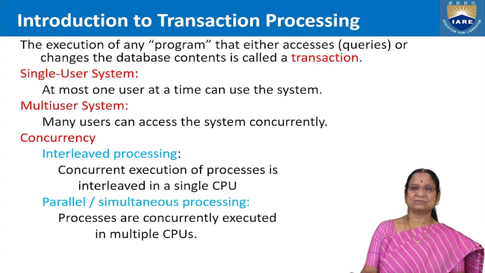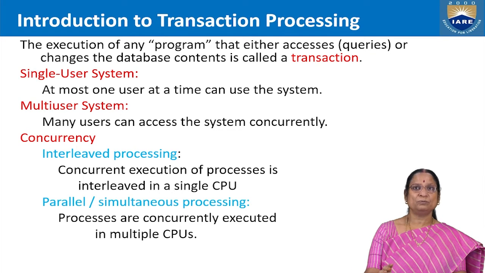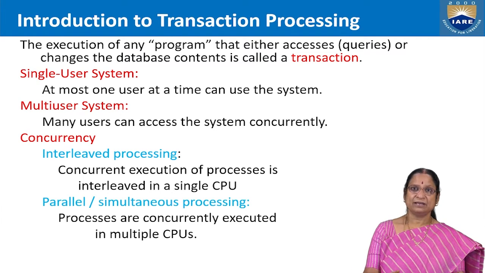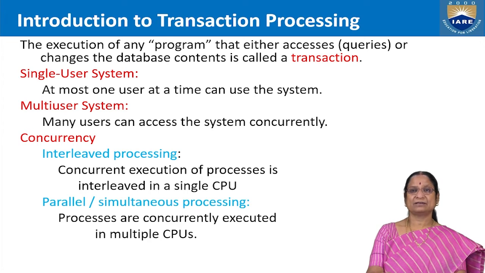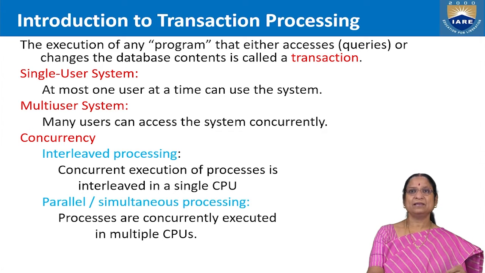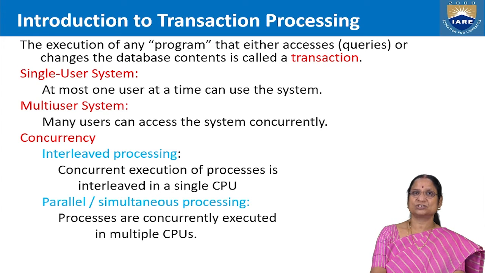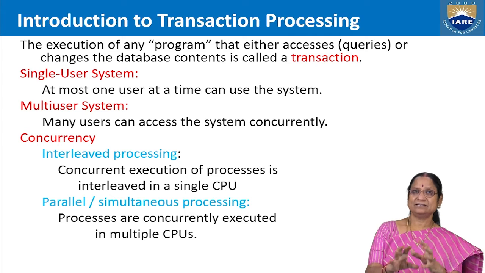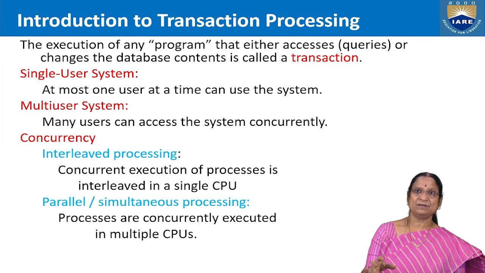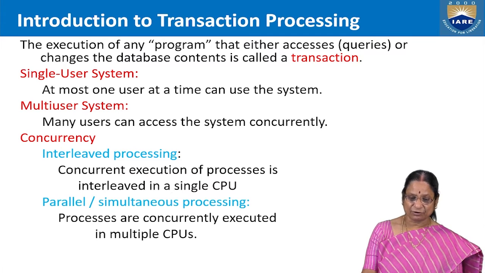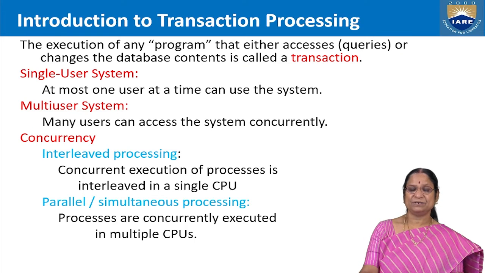For example, when some process is performing output operations, IO-related software or instructions are being executed, and till then the CPU will be idle. So the CPU will attend to some other process. Like that, operations are interleaved. The processes are interleaved in a single CPU.